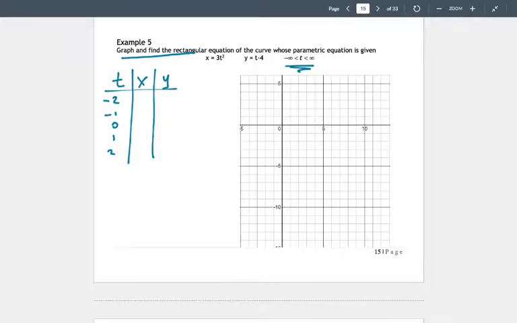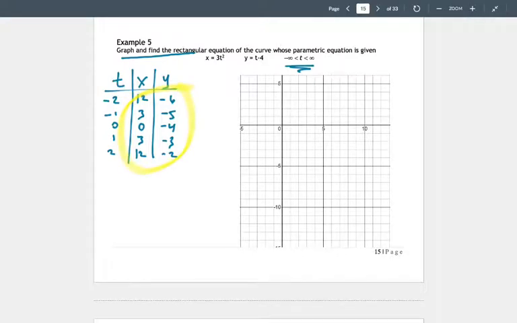And when I plug that in, I get 12, 3, 0, 3, and 12. When I plug those numbers into the y equation, I get negative 6, negative 5, negative 4, negative 3, and negative 2. All right. And again, these are the numbers I'm going to graph over here.